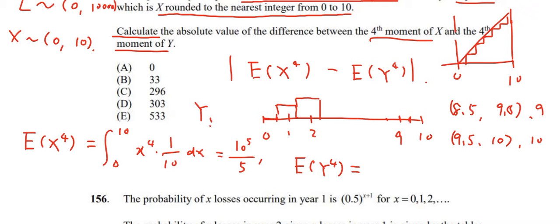From 0.5 to 1.5 is one interval, then from 1.5 to 2.5, like that. So we use a summation, with intervals from k minus 0.5 to k plus 0.5.